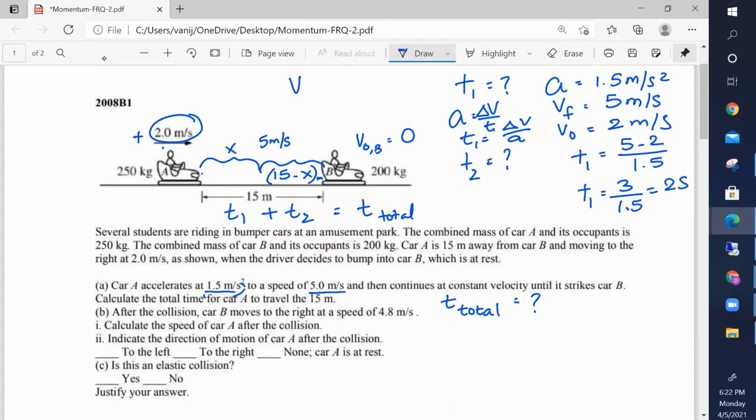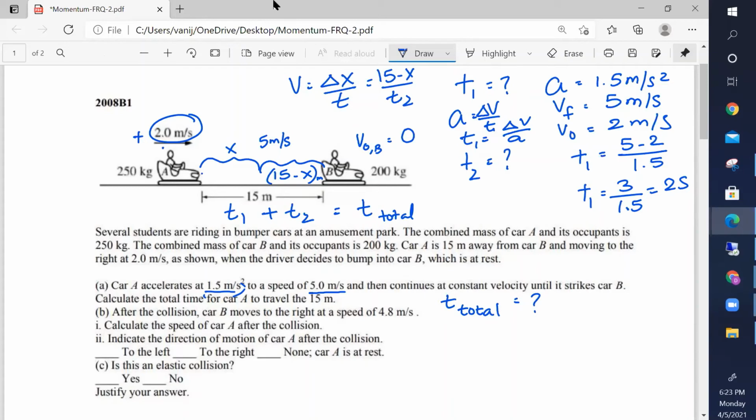And so I know V is equal to delta x over t, and the delta x here is 15 minus x, over t2. The problem is I do not know x. If I can figure out x, then solving for t2 is going to be pretty easy. So first we need to solve for x. Let's see how to solve for x.